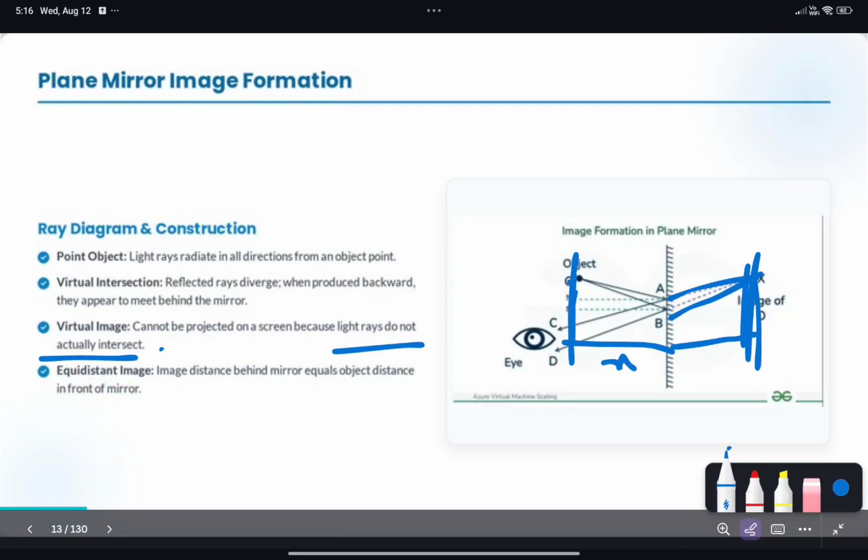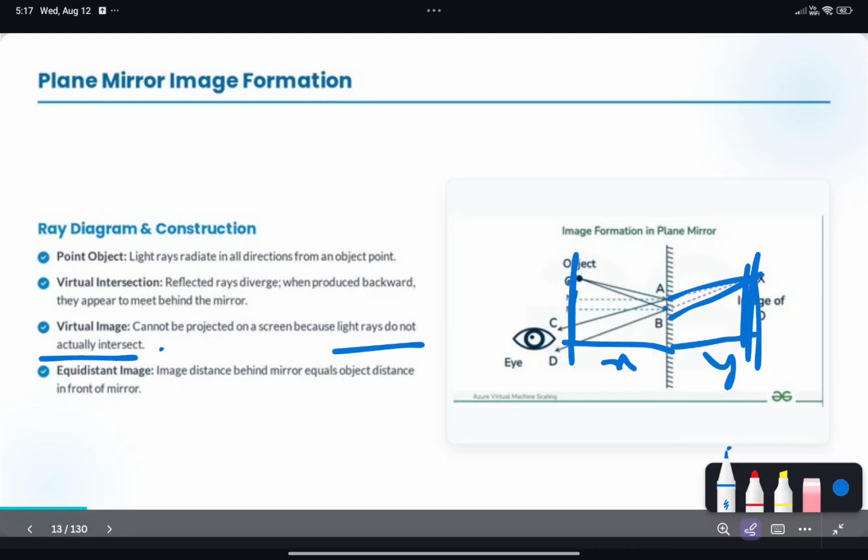This is treated as x. This is treated as y. The distance from mirror to image is equal to mirror to object. Getting the point or not? Clear or not? Tell me clearly.